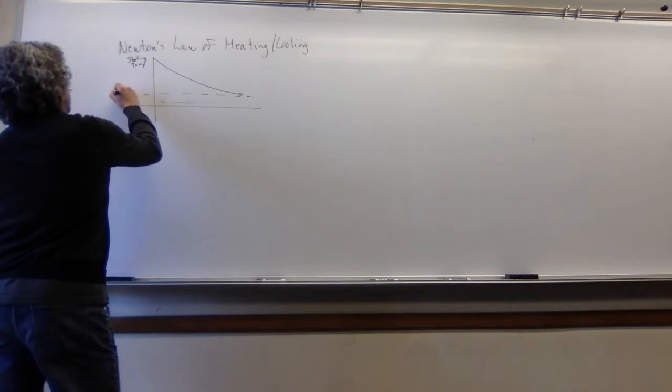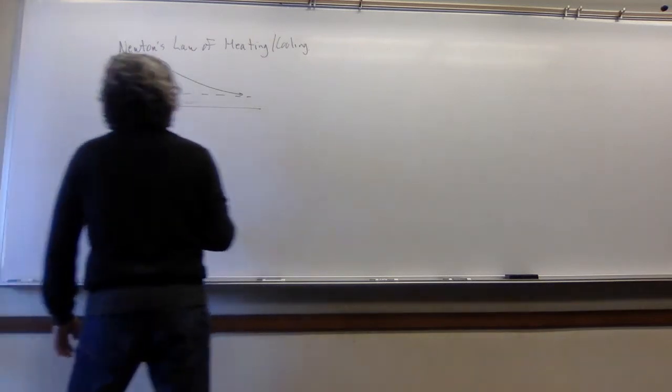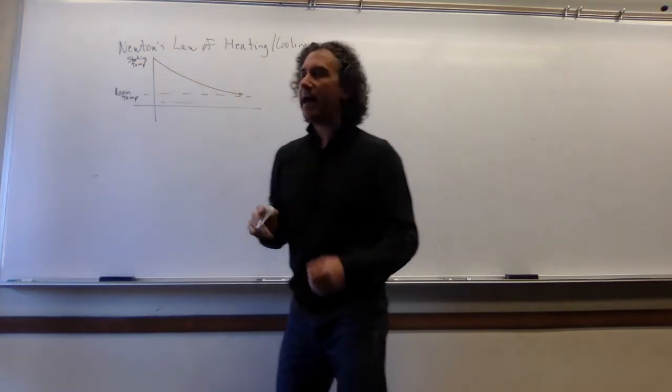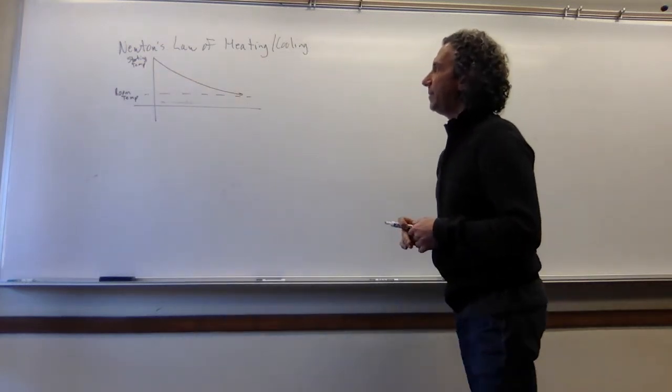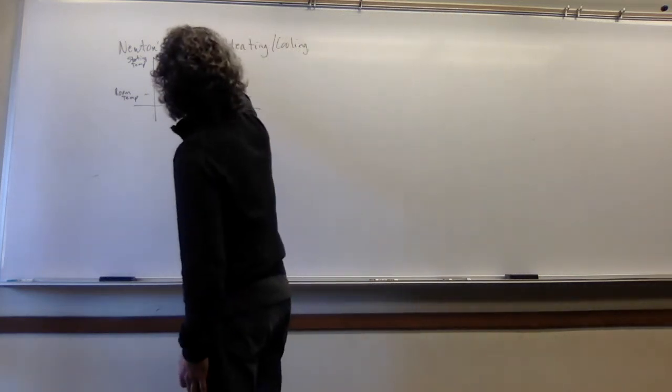So we're getting closer and closer to room temperature. So you might be putting a hot piece of pizza in your room as an example. So this would be a graphical representation of Newton's law of cooling.